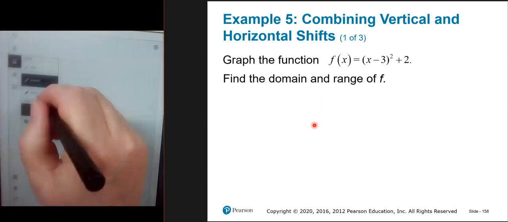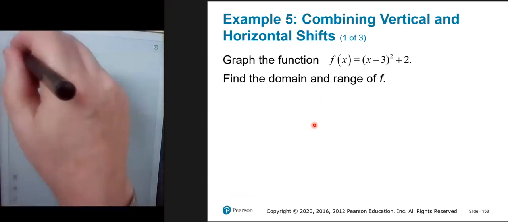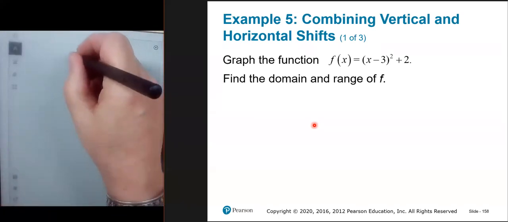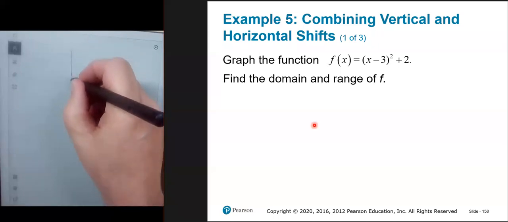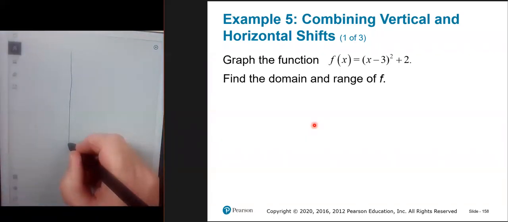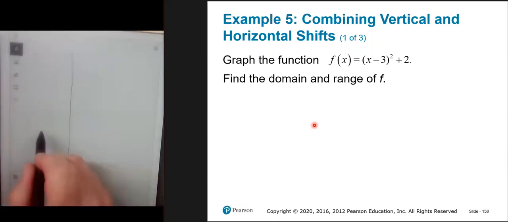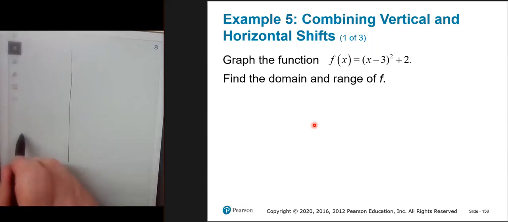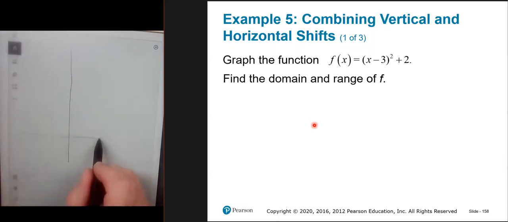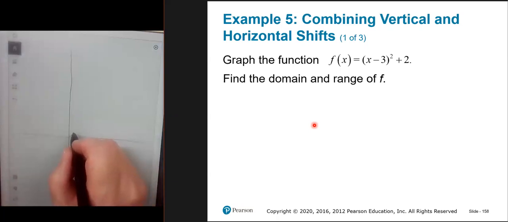So what I want to start with, and I'm going to try and graph all the changes here on one graph. So x squared. So we have the points 0, 0 and 1, 1 and 2, 4, and 3, 9.